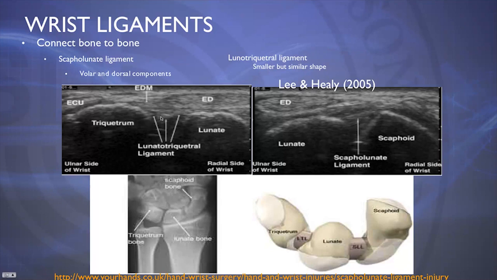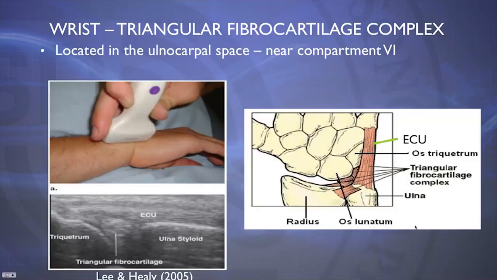A cartilage structure we'll be looking at in compartment 6 is the triangular fibrocartilage complex. This is located in the ulnocarpal space near compartment 6, and how we look at this is in longitudinal. So this is ECU. This is going to be in compartment 6. And we'll be getting to what that tendon is in just a moment. But in order to see the triangular fibrocartilage complex, you'll have to be longitudinal on the ECU, and the ECU is the extensor carpi ulnaris.